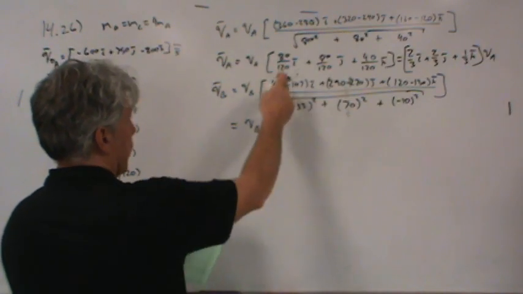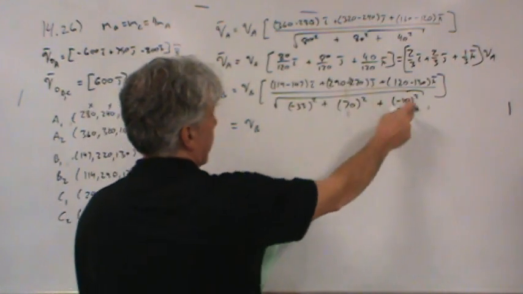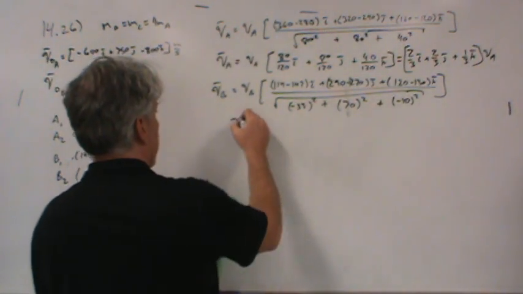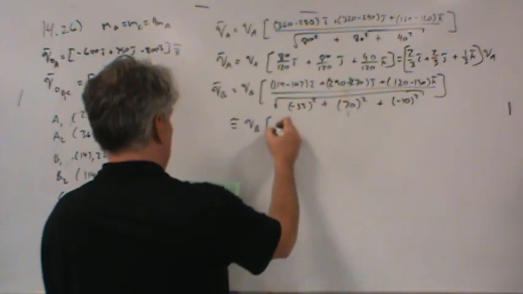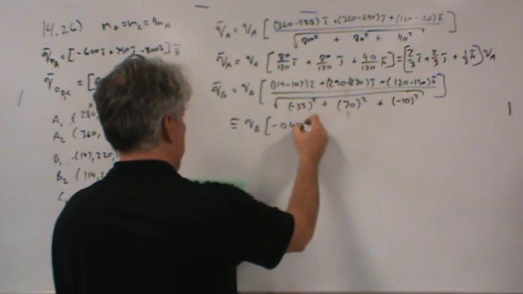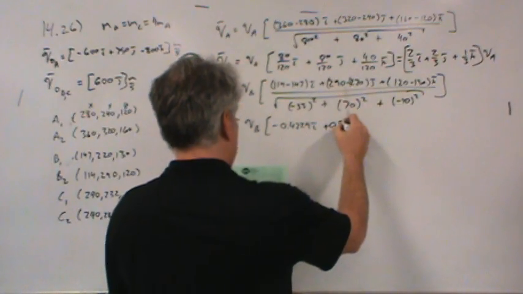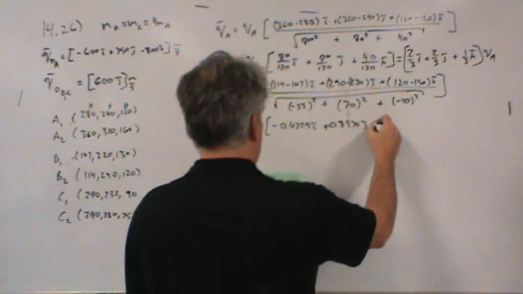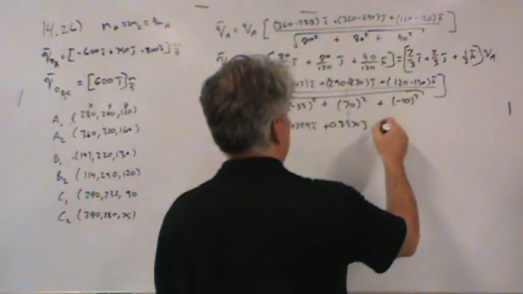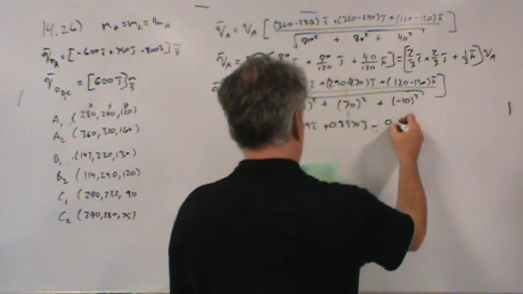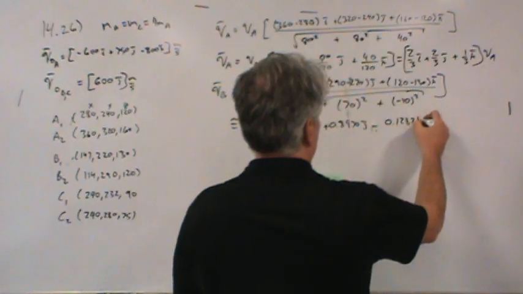So obviously this difference is negative 33, this difference is 70, and this difference is negative 10. So we end up with something that is about negative 0.4229 i plus 0.8970 j plus, well, actually minus, because this is negative, 0.1282 k.